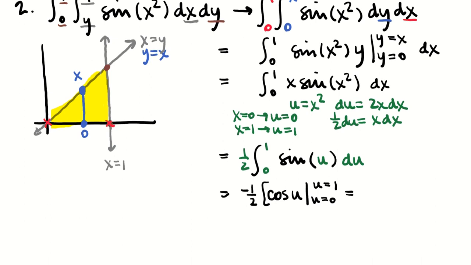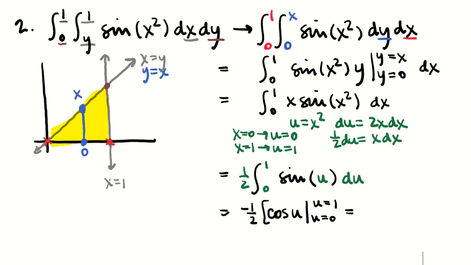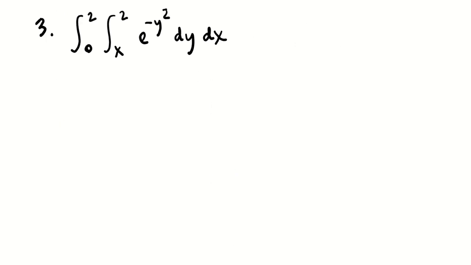And that's going to be negative 1/2 of cosine of 1 minus, well, cosine of 0 is 1. If you wanted this to look a little nicer, you could call this positive 1/2 minus half the cosine of 1. And that would be an exact answer.